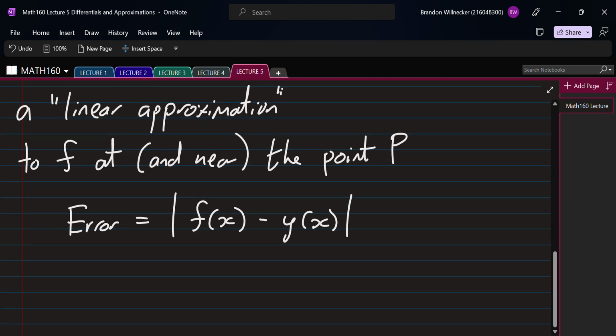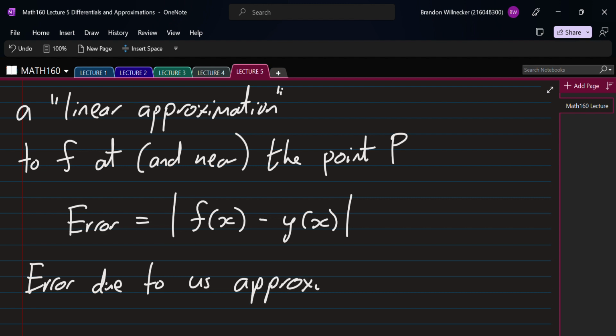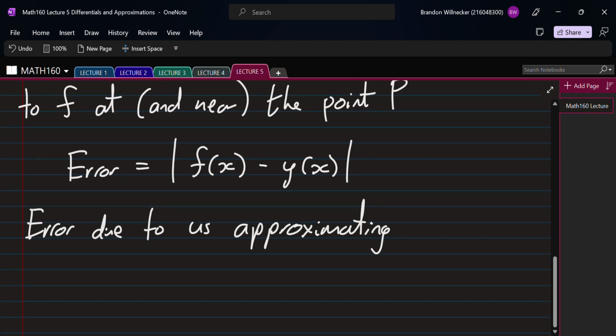This is the error due to us approximating. So given a function f and a point x, we can calculate how bad this linear approximation is. That is the first thing that we're going to look at with approximating: using tangent lines as approximations.